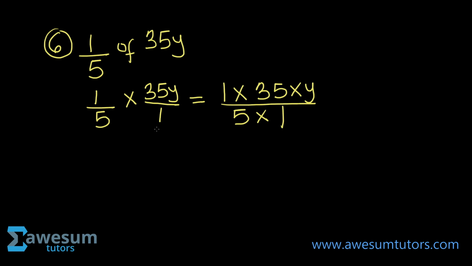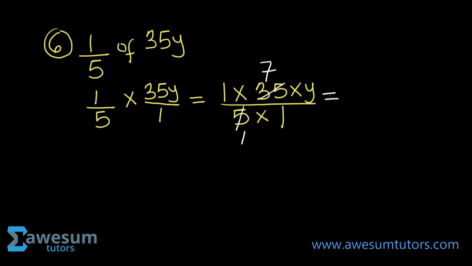Now, how do I do this? If you take a look at this, you realize that 5 is a factor of 5 and 35. So 5 in 5 is 1, 5 in 35 is 7. You realize that nothing can divide anymore except 1, right?